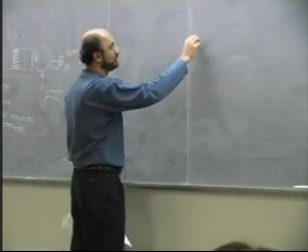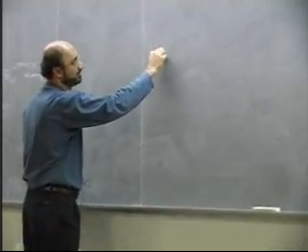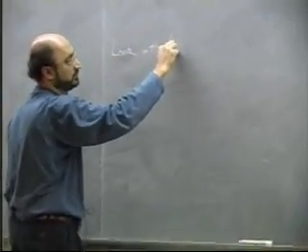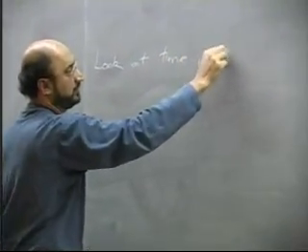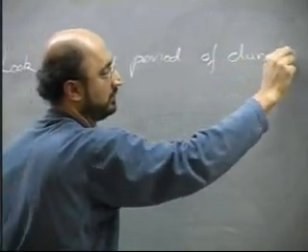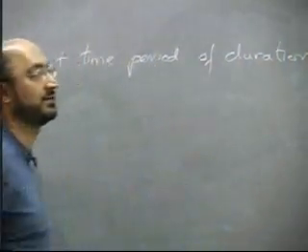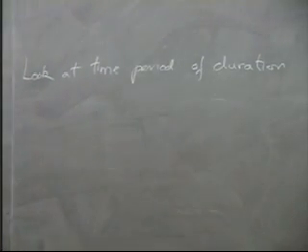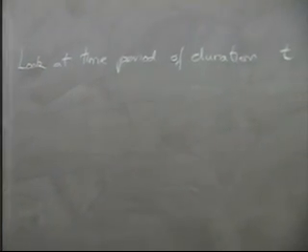What we do is we look at a time period of duration small t. Okay, that's our time period. And I'm going to tell you how many people arrived in this time period.